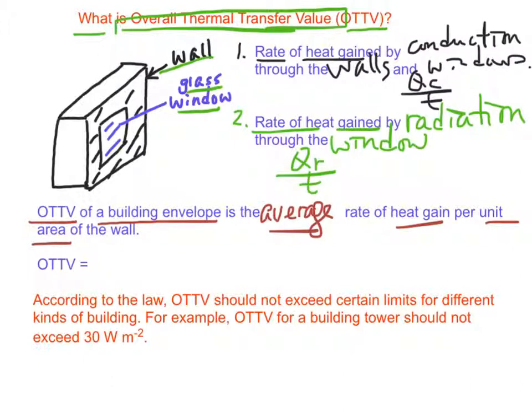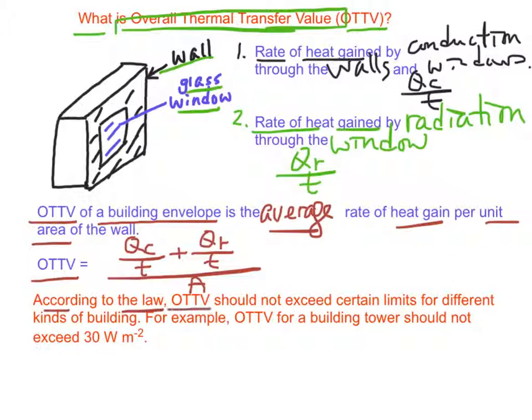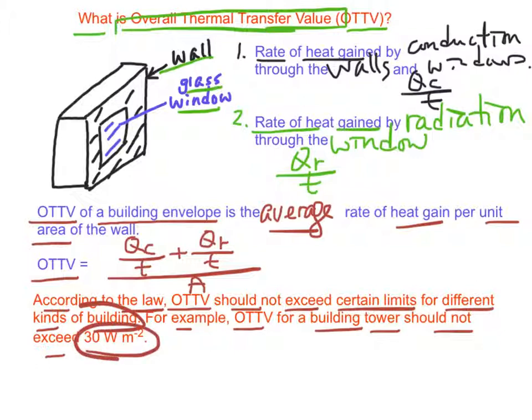That means mathematically, OTTV is equal to the rate of heat transfer by conduction plus the rate of heat transfer by radiation, over the total area A. According to the law, OTTV should not exceed a certain limit for different kinds of buildings. For example, the OTTV for building towers should not exceed 30 watts per meter squared.